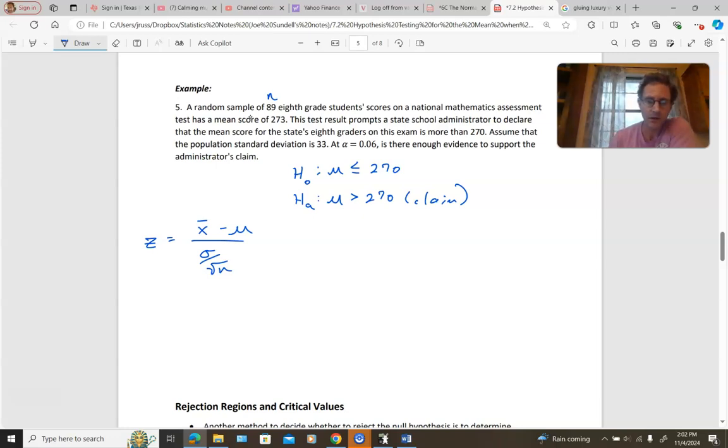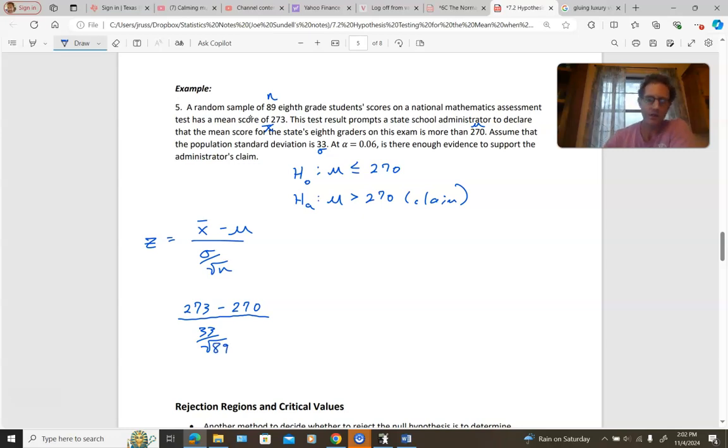X bar is right here, it's 273. The hypothesized mean is 270. And the standard deviation sigma is 33. So let's plug these values in. It'll be 273 minus the hypothesized mean, which is 270, and then we'll divide this by 33 over the square root of 89.